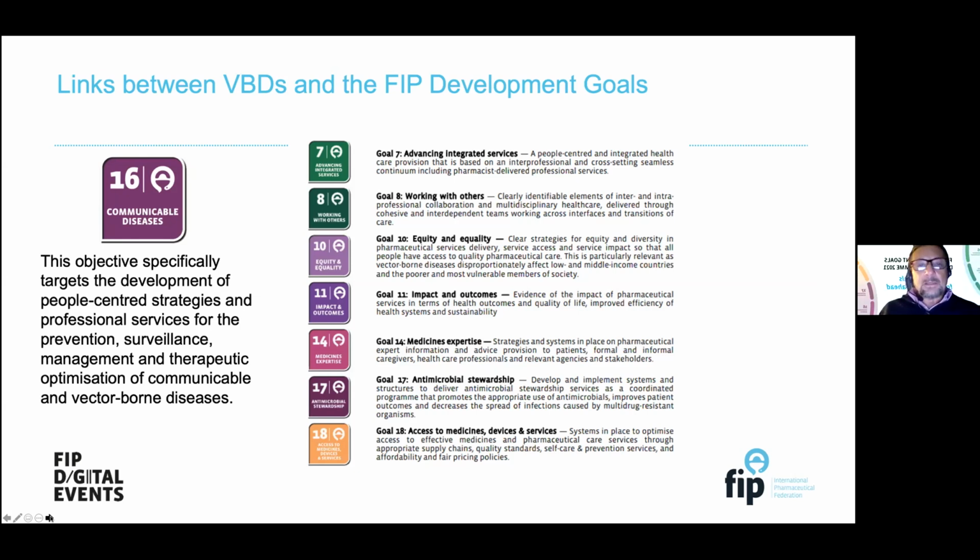So the links between vector-borne disease and the FIP development goals can be focused on different ones. It has been fully explained the broad spectrum of the objective of communicable disease, but we also have goal number 7, advances in integrating services, and also people-centered integrated health service provision based on interprofessional work, which is very important, because vector-borne disease cannot only be addressed by pharmacists.